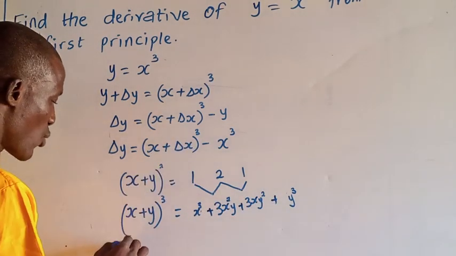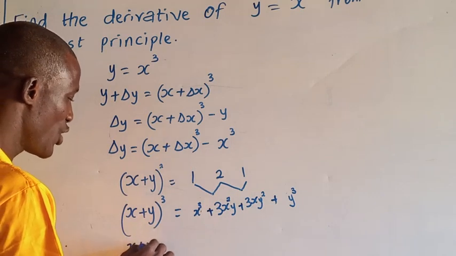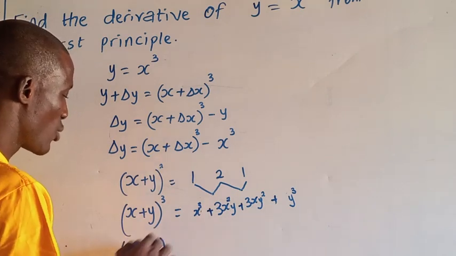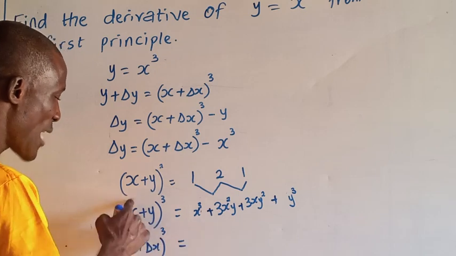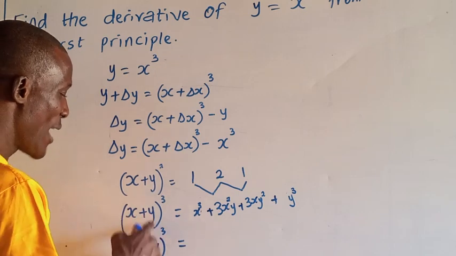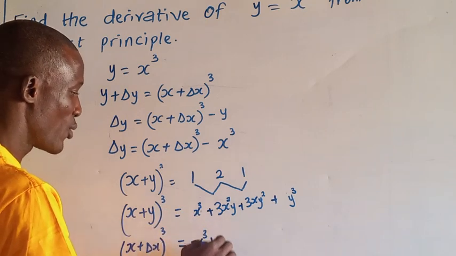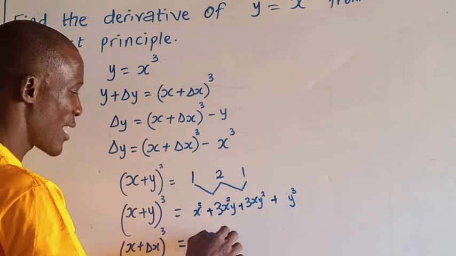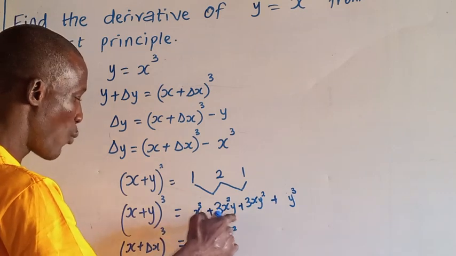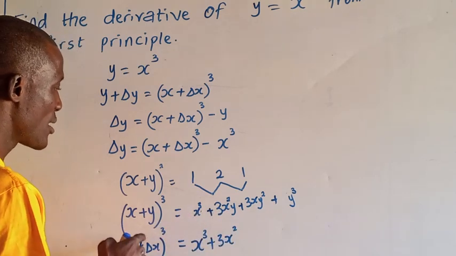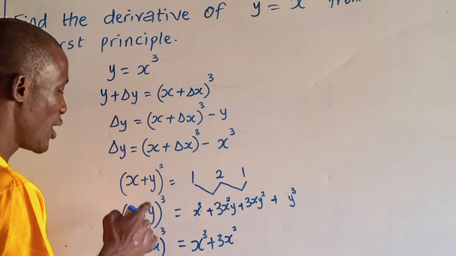Now let us bring this to compare. x plus change in x to the power of 3. So x remains x, y is now changing x. So whenever we have x, we have x to the power of 3 plus 3, x is still x squared, while our y is change in x.